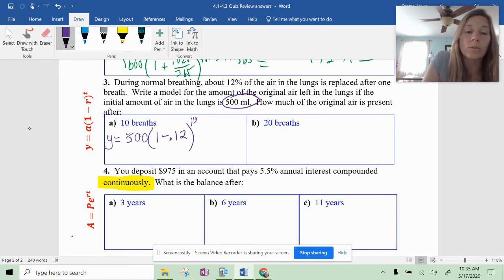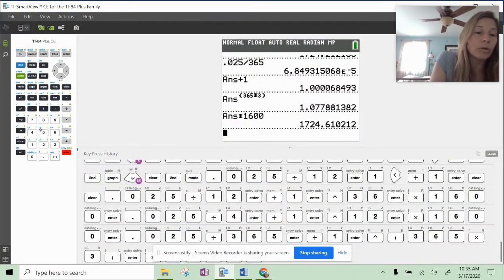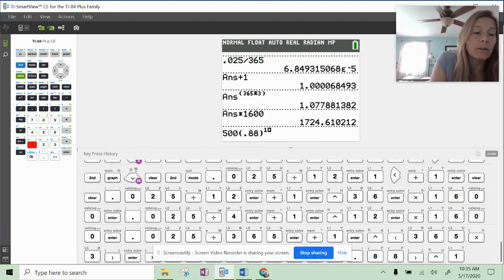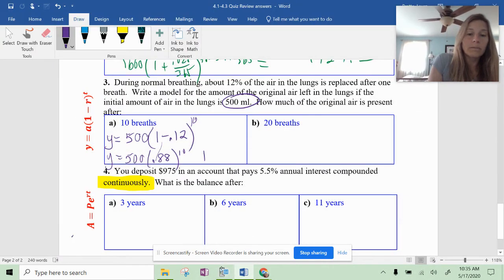So when you do this one on your calculator, the model is 500 times, and then this is going to work out to be 0.88, which makes sense because with decay, remember the decay factor is less than 1. So now we're going to put this in the calculator. I'm going to do 500 times 0.88 raised to 10, and that's 139.25 milliliters.